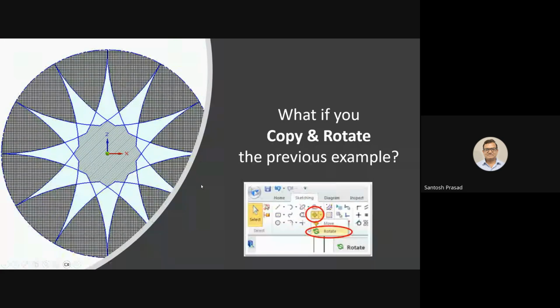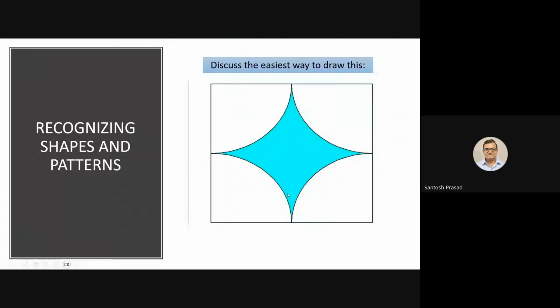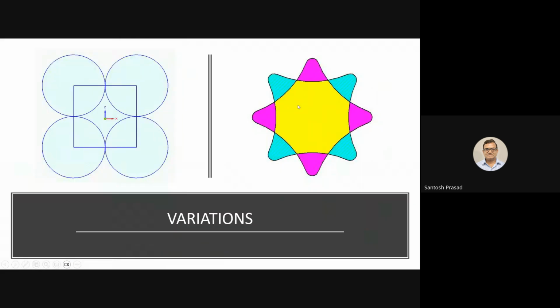Now the next question is, what if you copy and rotate? What will happen if you copy the same things and rotate? Now somebody asks you how to create this, then what will you do?